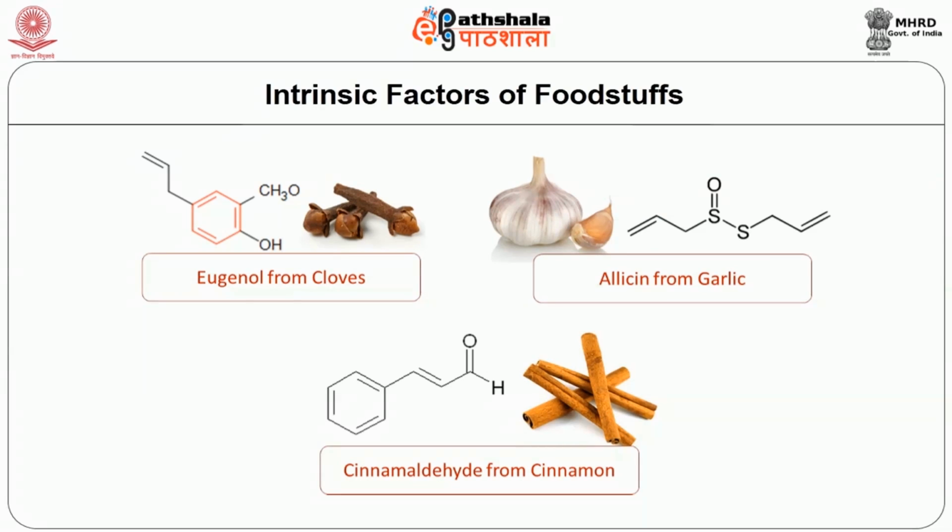Foods with naturally occurring antimicrobial substances like essential oils and spices are not easily attacked by microorganisms. For example, eugenol in cloves, allicin in garlic, cinnamic aldehyde and eugenol in cinnamon. Certain fruits and vegetables and teas containing hydroxycinnamic acid derivatives also show antimicrobial activity.